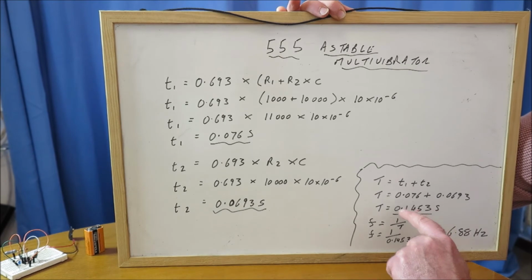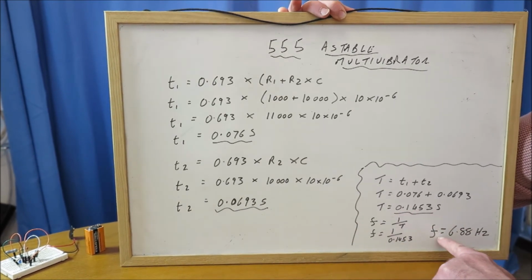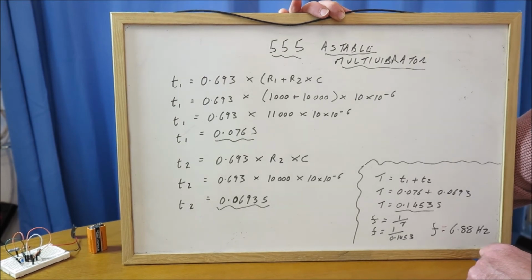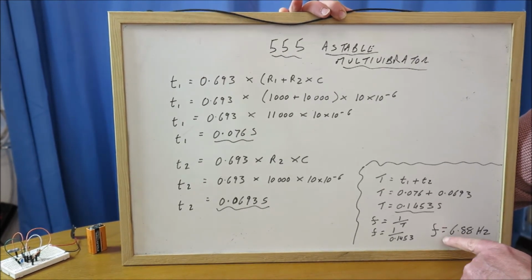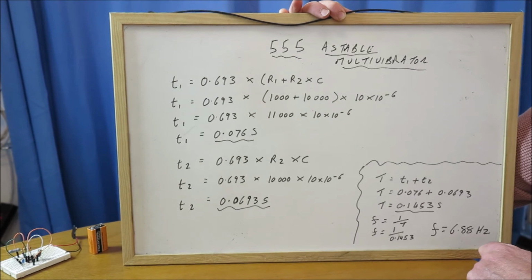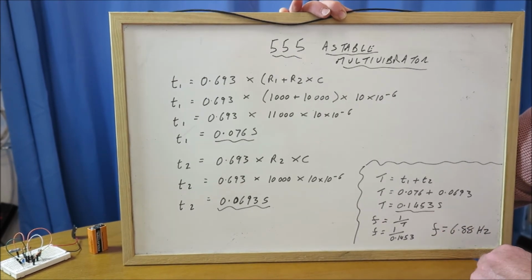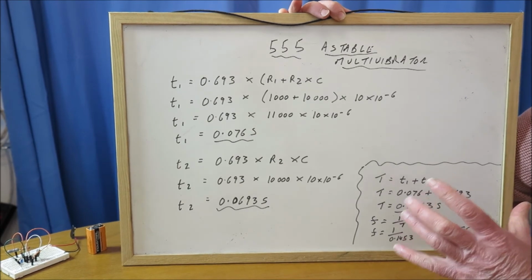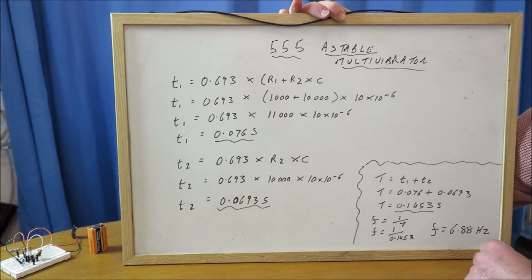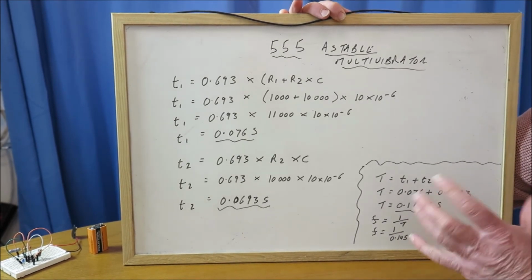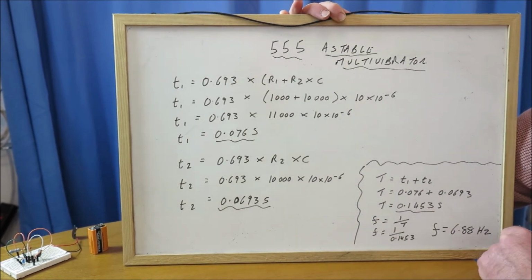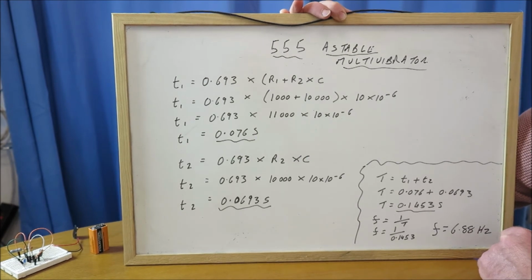If we divide 1 by that number, our frequency is 6.88 Hertz. That means our light is flashing on and off at about 6.8, nearly 7 times a second. If you remember when we first switched it on, I'd say that's about right. We've got some tolerance in the components, so there'll be a little bit of error in there, but I think it is flashing around about 6 times a second.